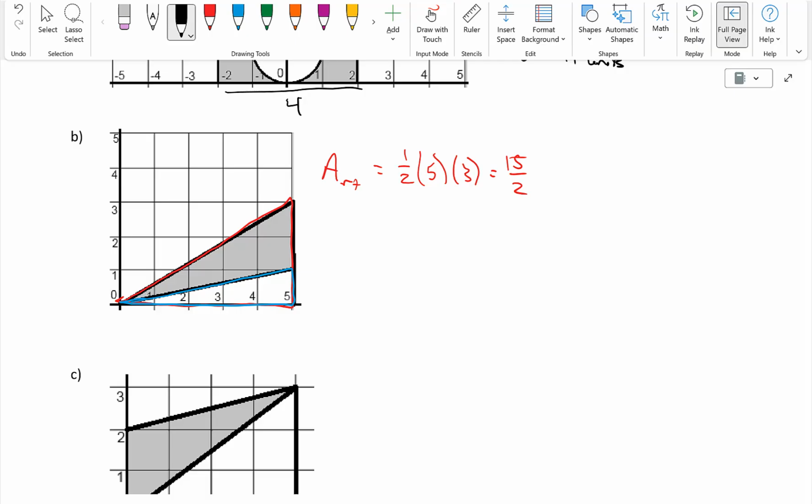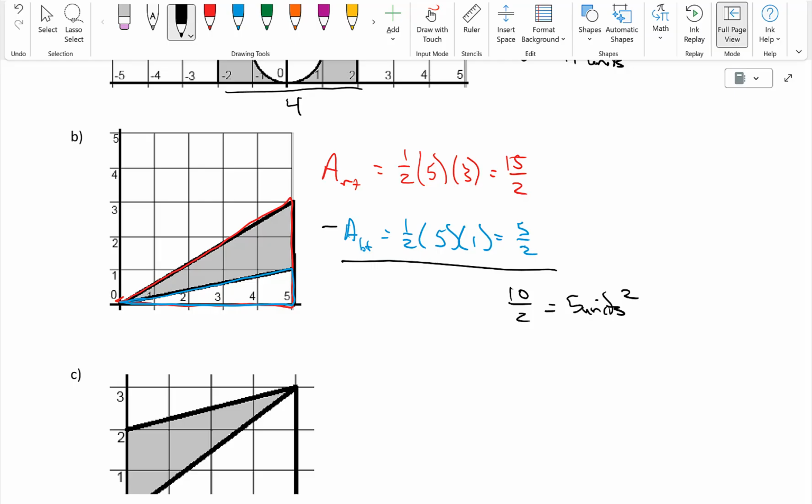And we want to subtract off the area of the bottom triangle, or blue triangle, which is 1/2 times 5 times 1 for our height, which gives us 5/2, which is going to give me 10/2, or 5 units squared for my area.